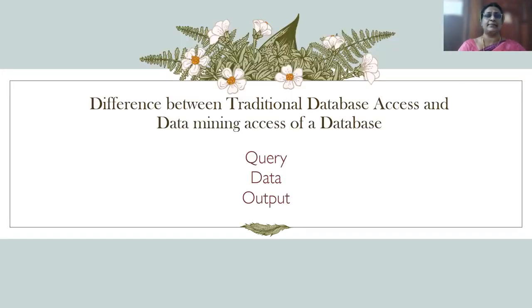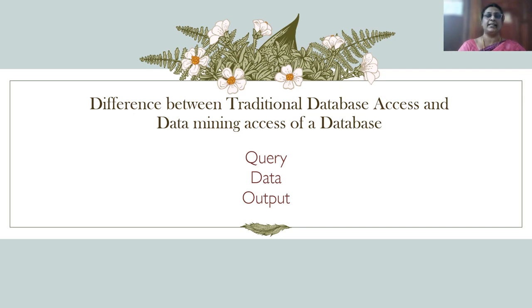So what are the differences between traditional database access and data mining access of a database? It differs in the way the query is formed, the way the data is saved, and the output which we get.